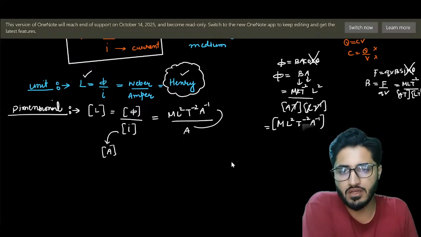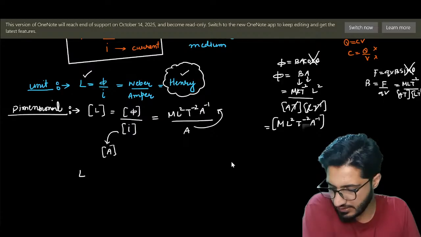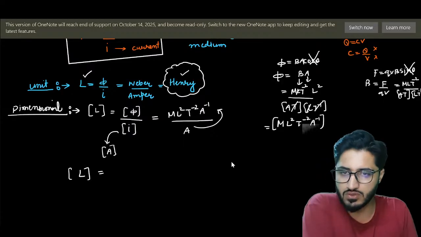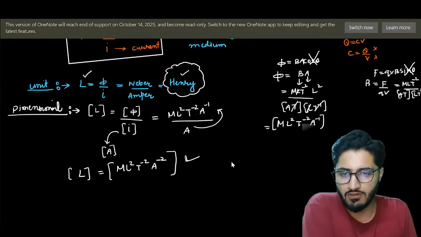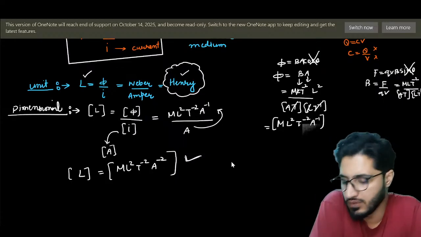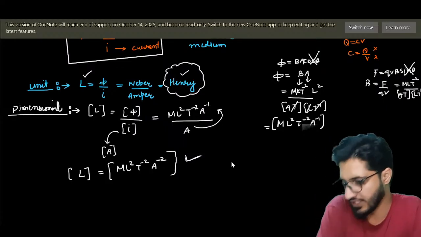Now this A goes upside, so I can write L equals ML2T minus 2 A minus 2. That is the dimensional formula of L. Easy?